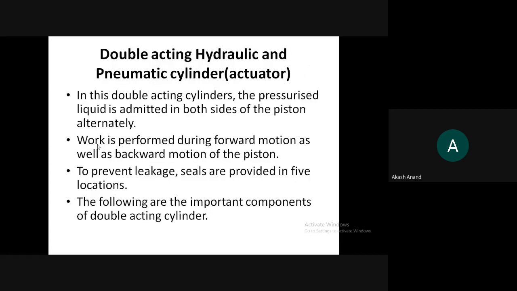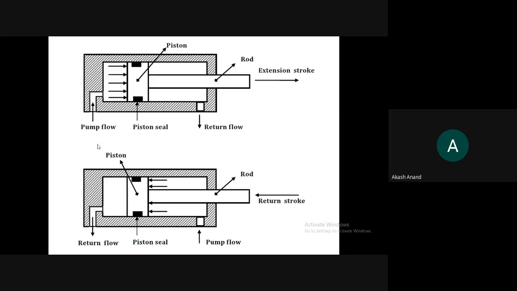Now moving on to double acting hydraulic or pneumatic cylinders. In double acting cylinders, the pressurized liquid is admitted on both sides of the piston alternately. You can see inside the cylinder there are two ports for entering and leaving the working substance.